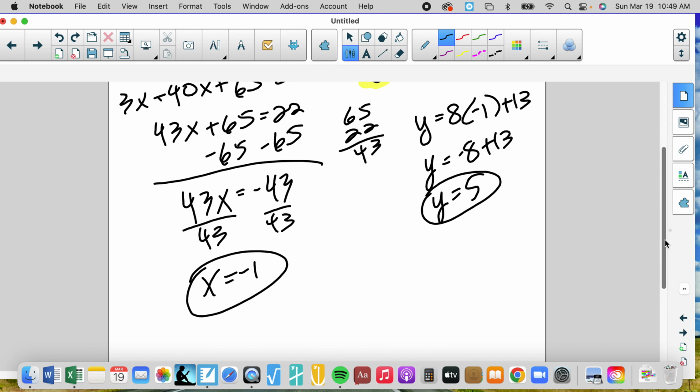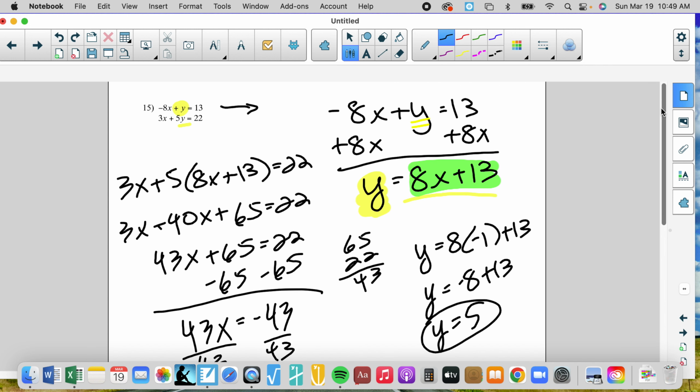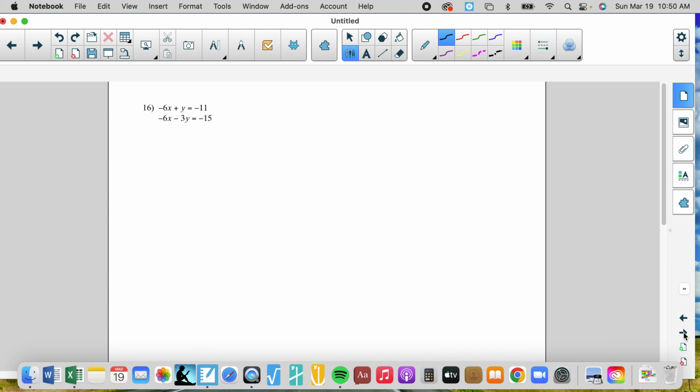So my solution to the system is negative 1, 5. Plug in negative 1 gives me positive 8, and positive 5 gives me 13. Plug in negative 1 in the bottom equation gives me negative 3 plus 25 gives me 22. That worked.